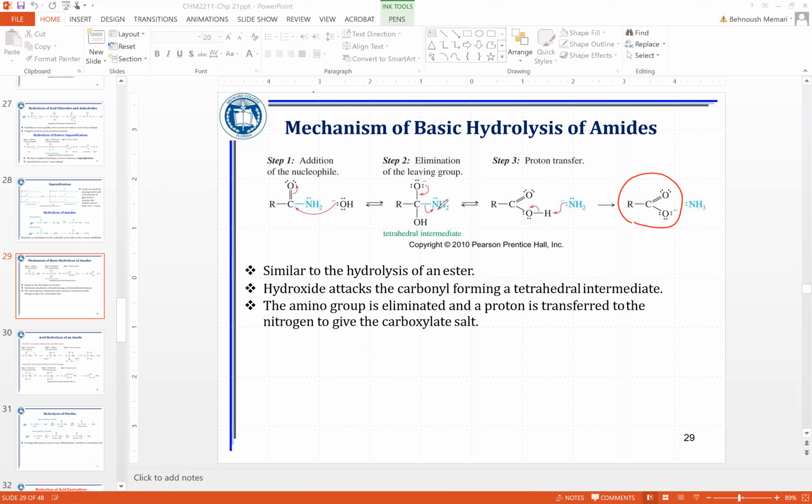And the leaving group, in this case, because it's a basic solution, doesn't get the hydrogen from the acid, but gets the hydrogen from the deprotonation of the carboxylic acid.